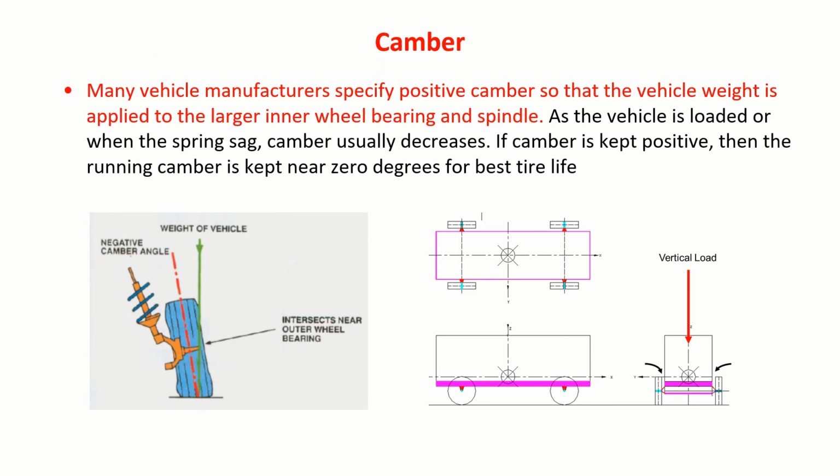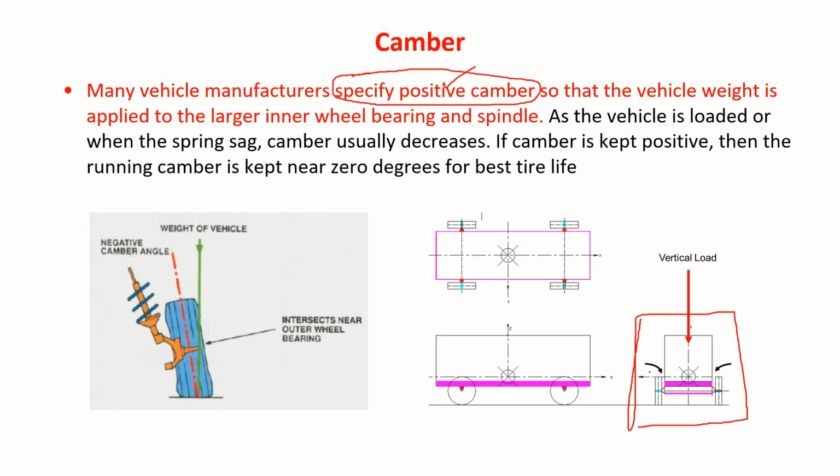So now, many vehicle manufacturers specify or adjust positive camber on vehicles. Why is that? I have just drawn the three views of the vehicle here. Let us see the front view. You have suspension and all that.